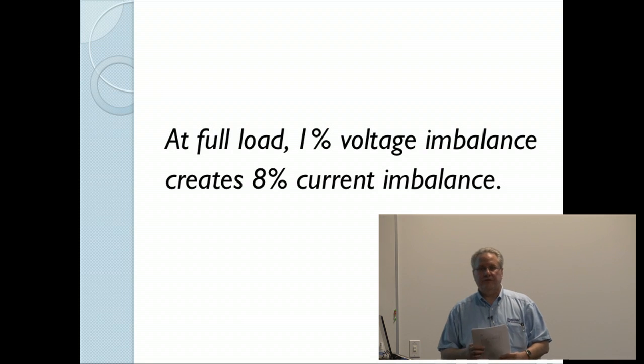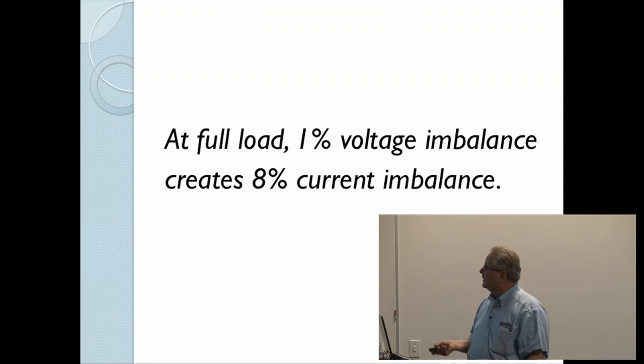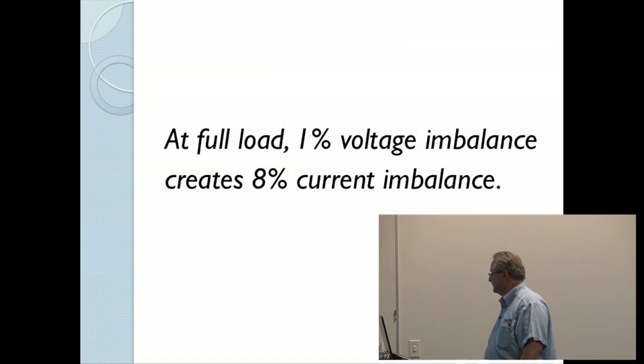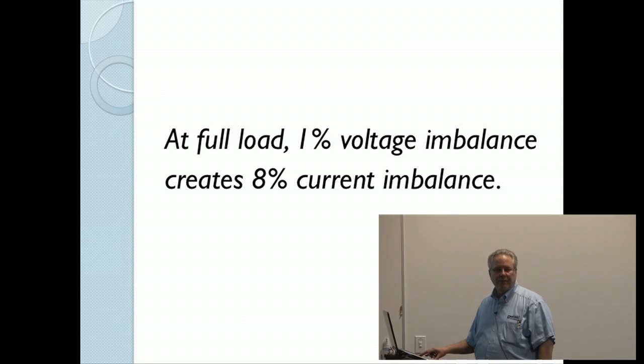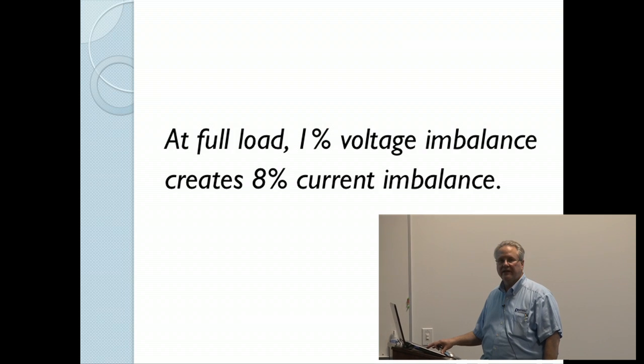And with voltage imbalance, there's a leverage that affects current imbalance quite a bit. At full load, 1% voltage imbalance will create an 8% current imbalance. And if you have one leg running a lot hotter than the others, it can cause you to trip on that one overload, or other problems that you trip out on, motor winding temperature, etc. And it may just be something simple.